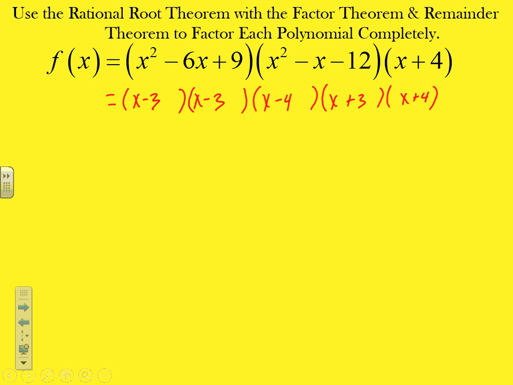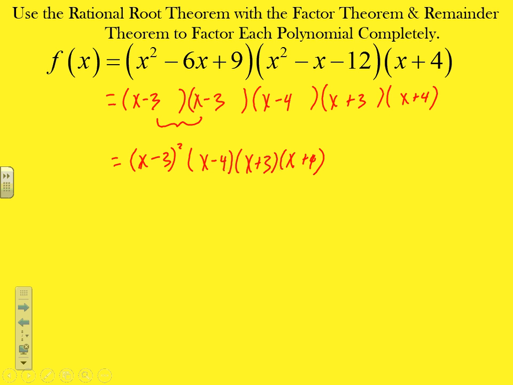So you can clearly see this is going to be a 5th degree polynomial. And these repeat, so I would simply say x minus 3 squared times x minus 4 times x plus 3 times x plus 4.